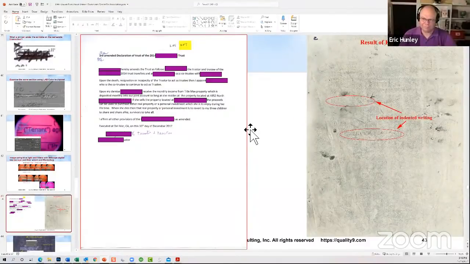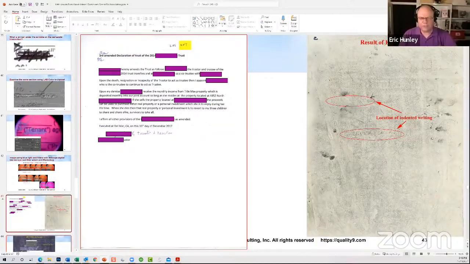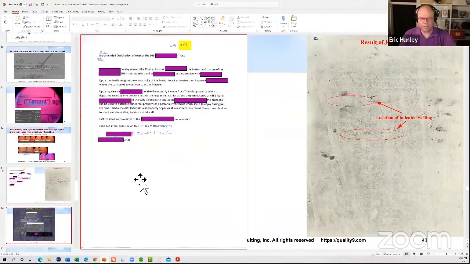And then when he was satisfied with it, or she, went and wrote it on the document. So that was something that was brought up, is why would someone have to practice writing it on the page above before doing this?